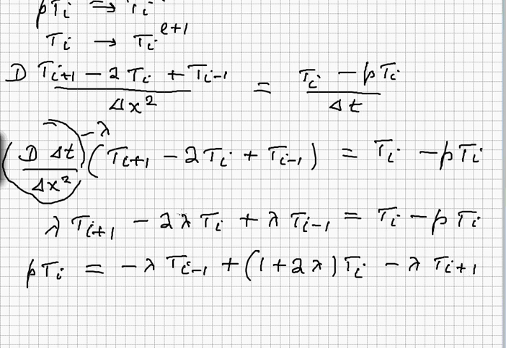It's very simple. There's minus 2 lambda, which became plus when it went to the other side, and there is already Ti, so that's where the 1 comes from. So I can write that equation.